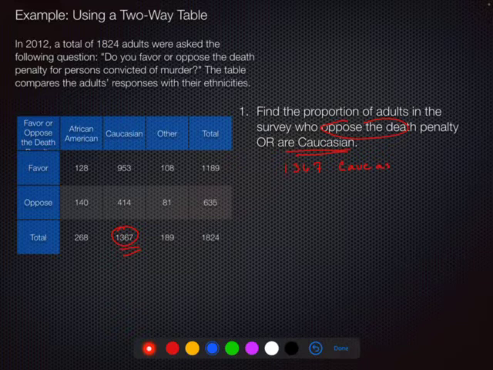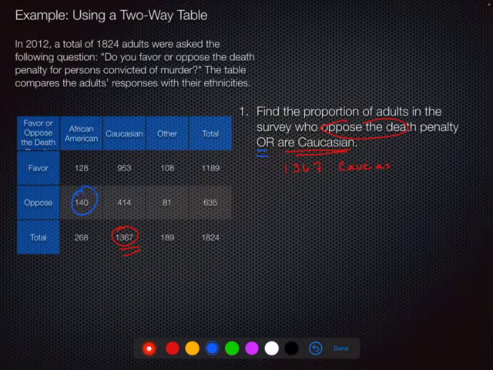Some of our Caucasians are already going to oppose the death penalty, but they're still going to be in our final answer because they fit the "are Caucasian" part of this or statement. So let's find the survey respondents who oppose the death penalty.